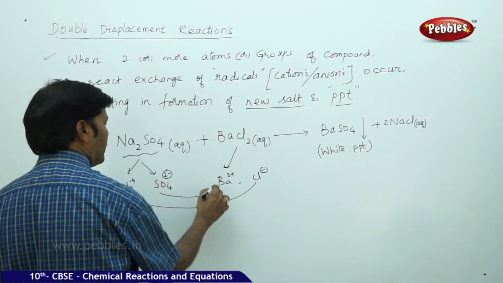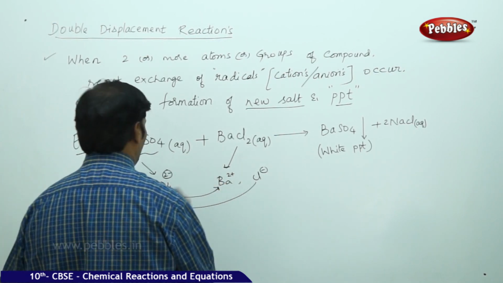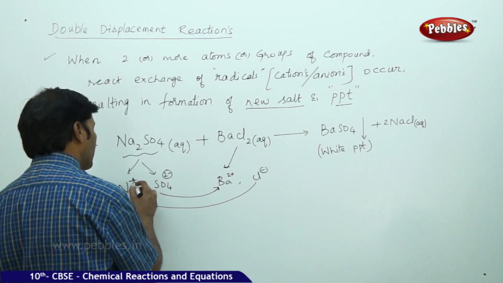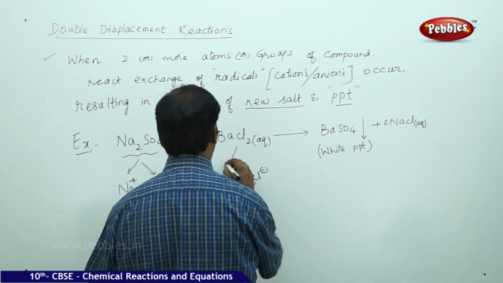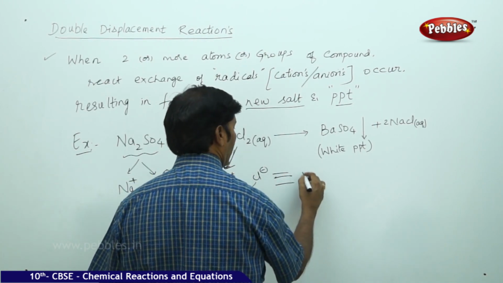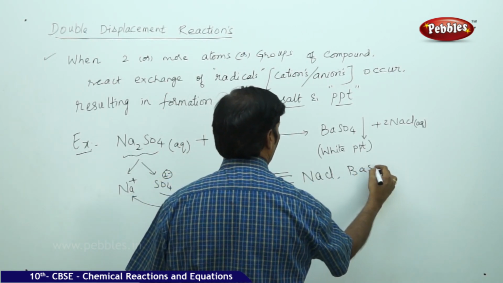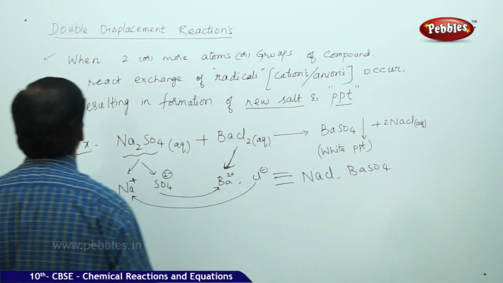The sulfate ion, which is an anion, is going towards barium, and the chloride ion, which is an anion, is coming towards the sodium cation. So this results in the formation of sodium chloride and barium sulfate. This is called a double displacement reaction, or exchange reaction.